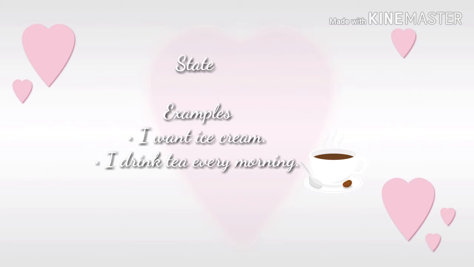This sentence is performing an action, so we can use ing in this sentence: "I am drinking tea every morning." We can use ing with drink. But in the previous example, "I want ice cream," we cannot use ing. Why? Because it is not showing any action. It is showing a position, a state. So we cannot use ing with state sentences, with state verbs. Okay.